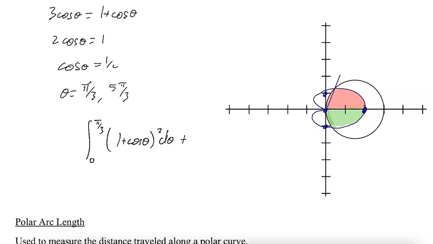And I'm going to add that to the integral from pi over 3 to pi over 2 of 3 cosine squared d theta. And notice I don't have the 1/2s, because again, I'm doubling that area. I'm doubling the area right here so that I can get the entire area of the full figure of the common interior. And that would be it. That's how I would leave this one.